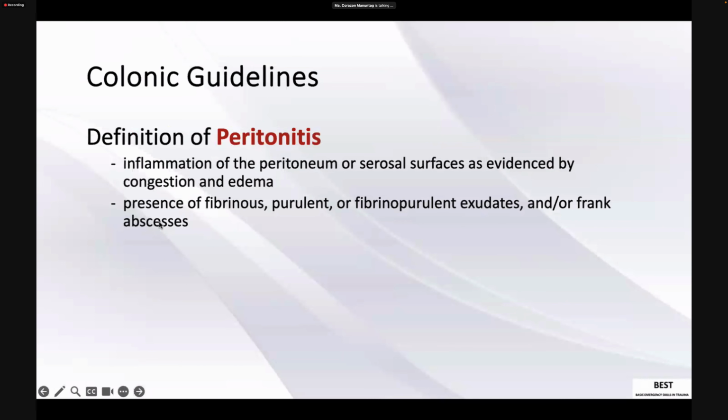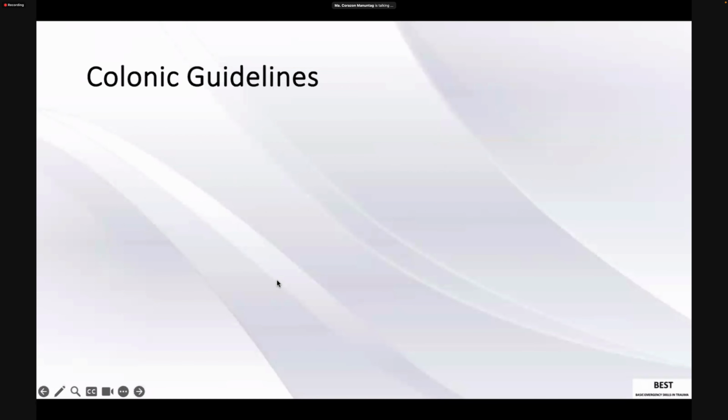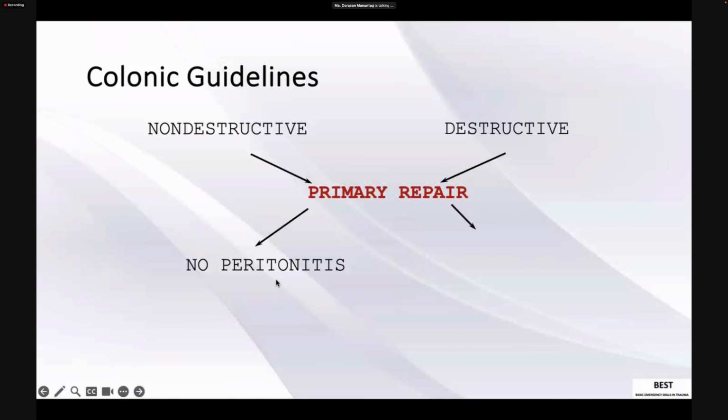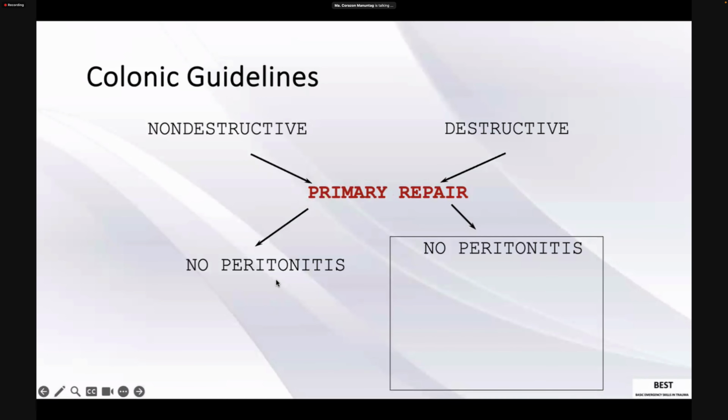Inflammation of the peritoneum or serosal surfaces as evidenced by congestion and edema and presence of fibrinous, purulent, or fibrino-purulent exudates or frank abscesses. But kasi, kailangan mo pa rin malaman na whether we see those non-destructive or destructive injuries with or without peritonitis, we still depend on your primary repair of injuries as much as possible.